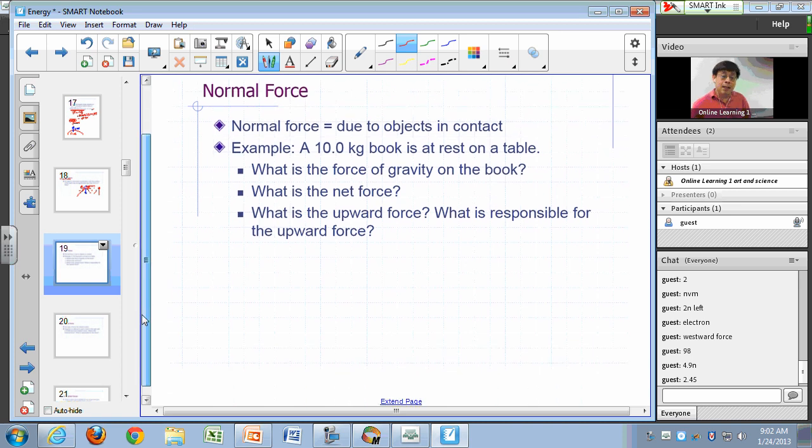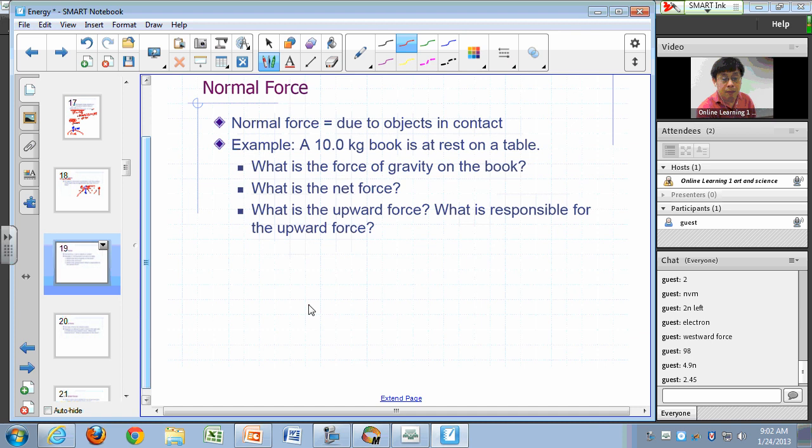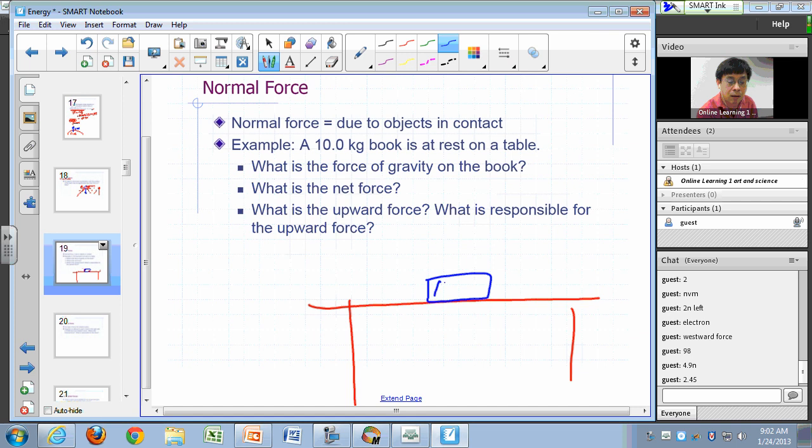Now, let's say you have a table right here, and you have a book, okay, a 10 kilogram book. What did we say the force that the Earth exerts on this is? 98 newtons, right? Okay. Now, so that's 98 newtons.